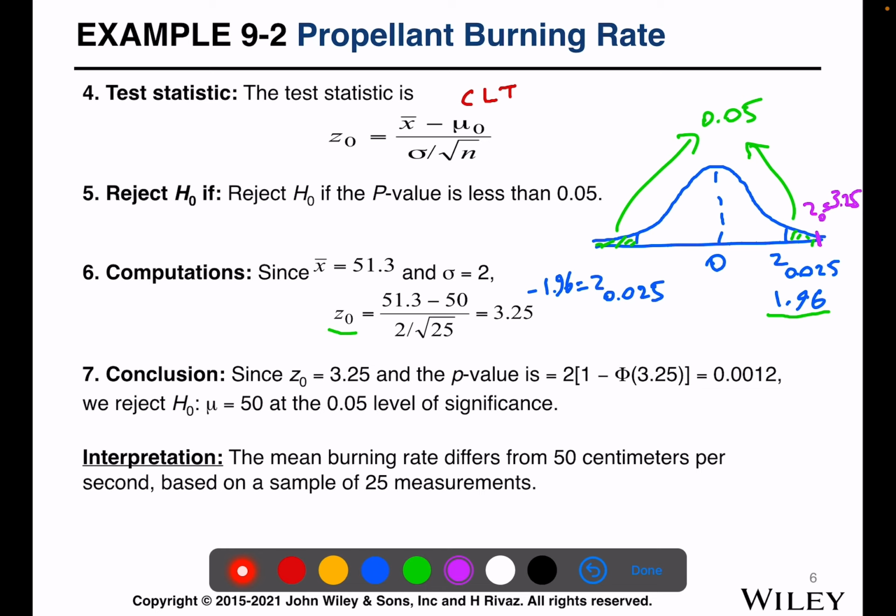And remember from the previous slide, we said that if we are here or here, we reject the null hypothesis, and we are obviously here. So because Z0 is more than Z of alpha divided by 2, which is 1.96, and this is 3.25, we reject H0. We are in the rejection zone, so we reject it.